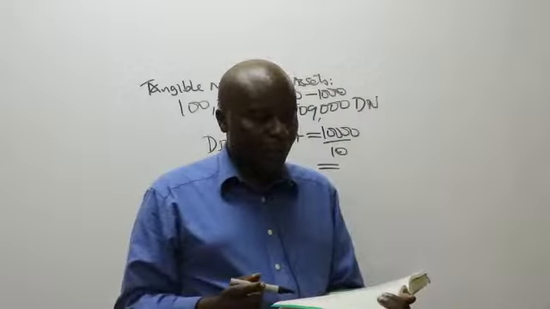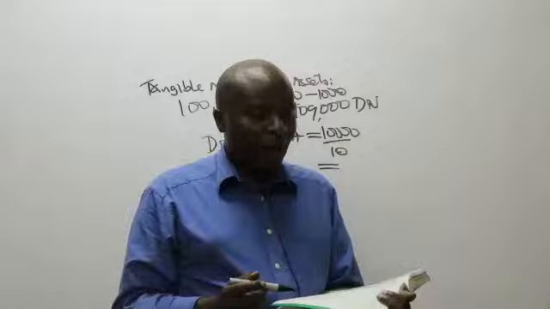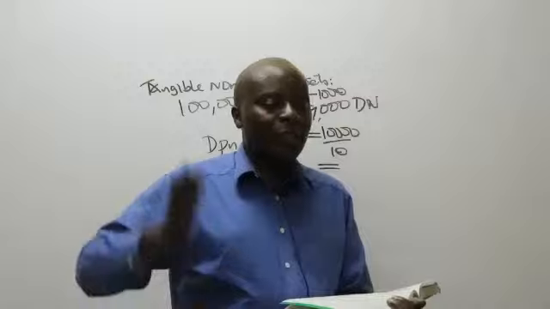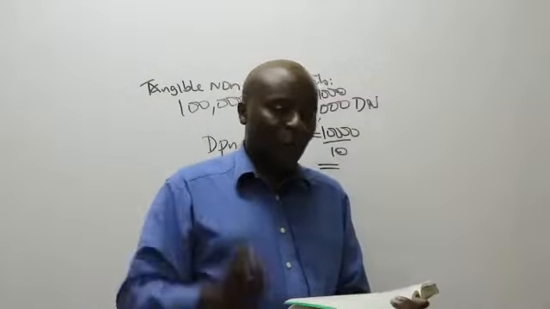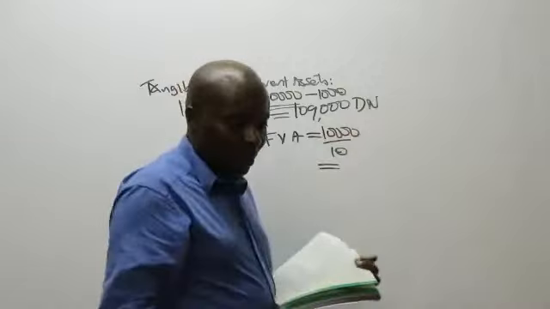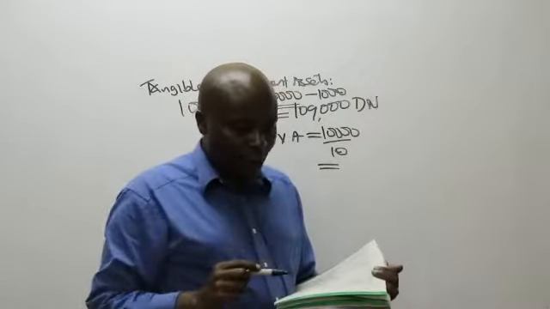Which one should I use? Closing rate. For the balance sheet, we normally use the closing rate, which is the same as the end of year. Now the question is, should I multiply this figure by 2 or divide it by 2?